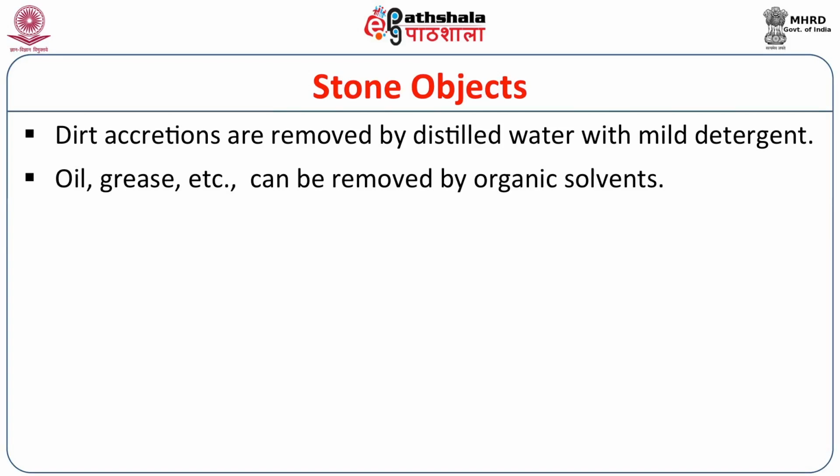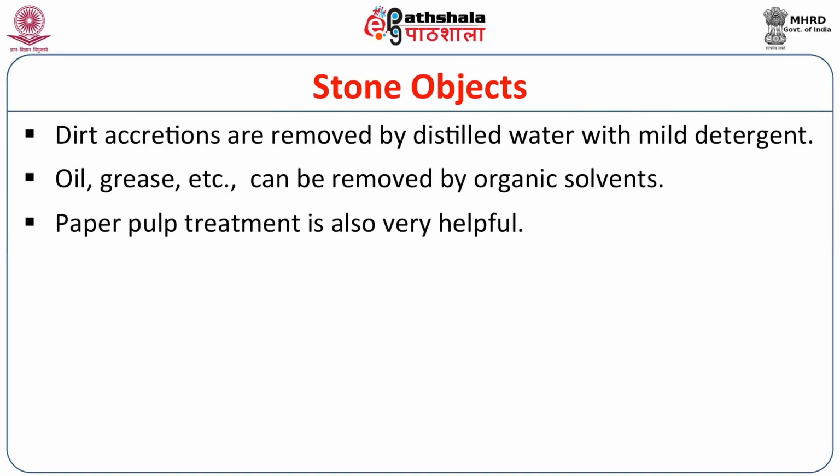Oil and grease, etc. from the stone object can be removed by organic solvents. Usually, organic solvents are chemically not so reactive to inorganic stone objects. Paper pulp treatment is very helpful in the case of stone objects.